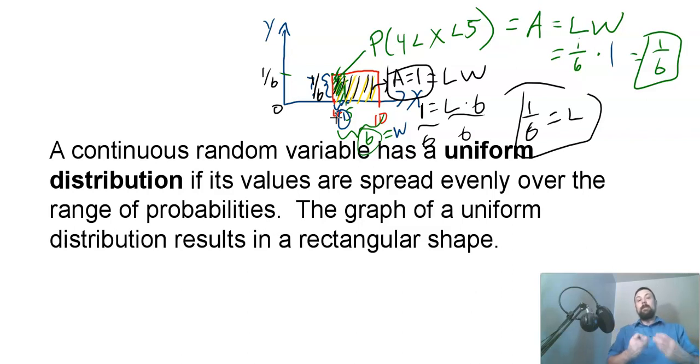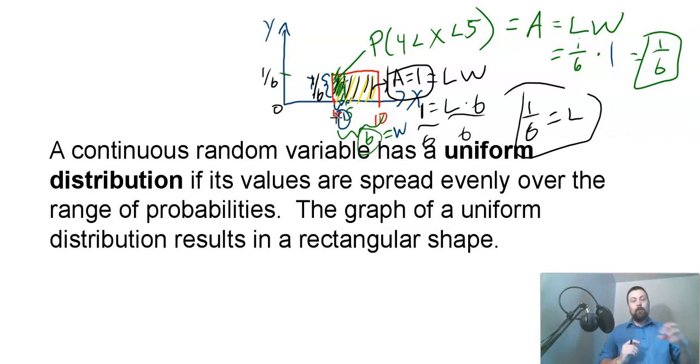An analogy that the textbook gave one time, I don't know if it's still in the current edition of the textbook, but it was there once upon a time, is you can kind of think of this like throwing darts, right? So if you were going to throw a dart at this graph and you knew it would land within the rectangle, what's the chance that it would land between 4 and 5? Well, again, because that's 1/6 of the total area, there's a 1 in 6 chance it lands between 4 and 5.